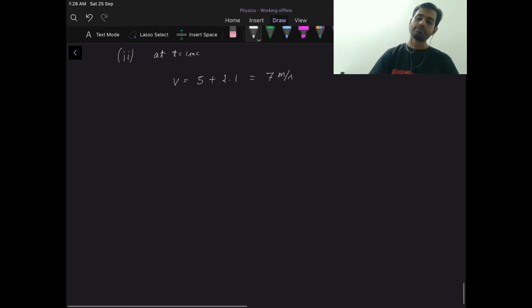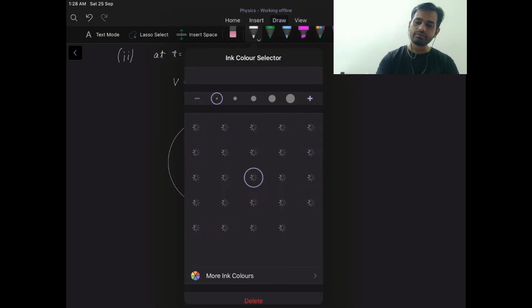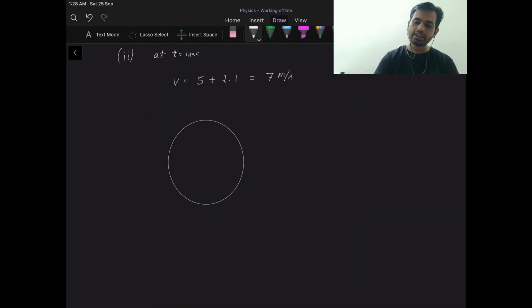Now, what will be the total acceleration? The total acceleration at t equal to 1 second will again have two components. One component is towards the center, that is the radial acceleration, and one component is along the tangent. The tangential acceleration is already given, equal to 2 meter per second square, right.